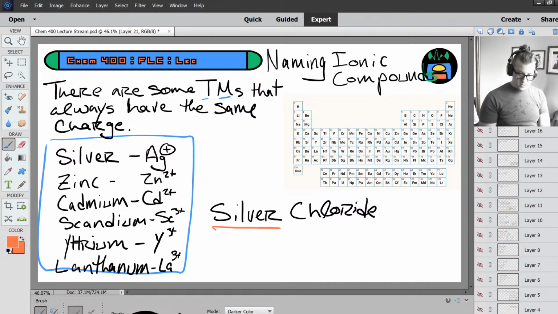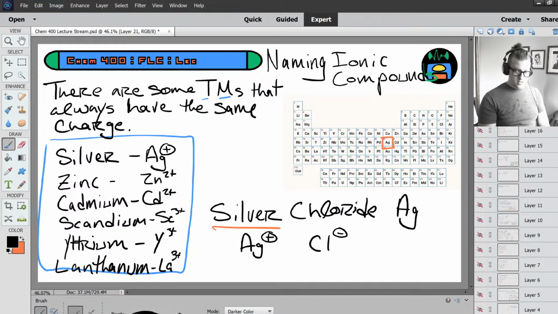Because silver is a transition metal element. I have no way of knowing what it is. You'll remember this moment and you'll be like, oh, is that one of the ones that always has the same charge? You'll look it up. Turns out it is. And you'll know that silver is +1. You can determine chlorine is -1. So silver chloride would just be AgCl.